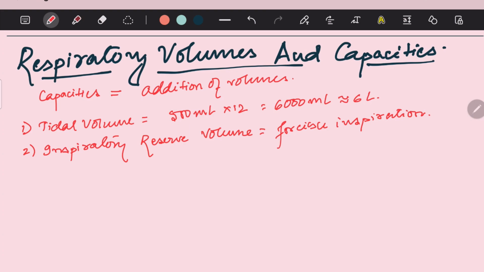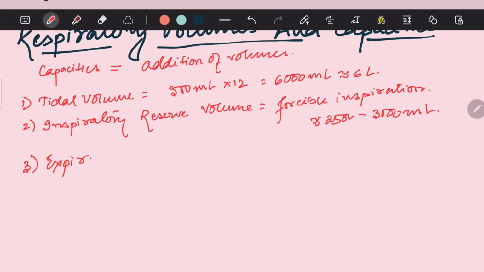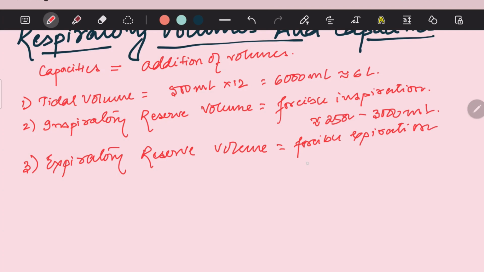It is approximately equal to 2,500 to around 3,000 milliliters. We also have something called the expiratory reserve volume. This is the additional volume of air a person can expire by a forcible expiration. This is nearly about 1,000 to 1,100 milliliters.